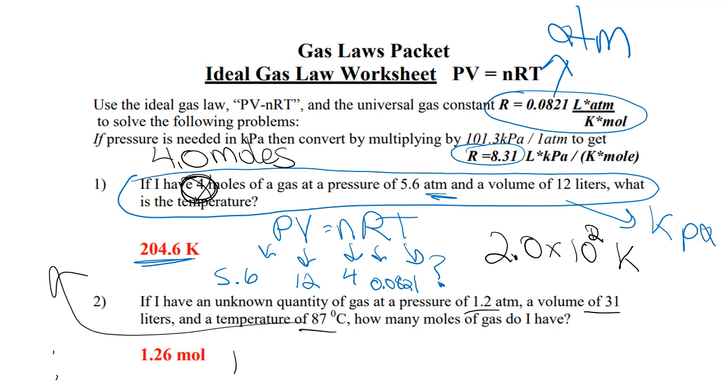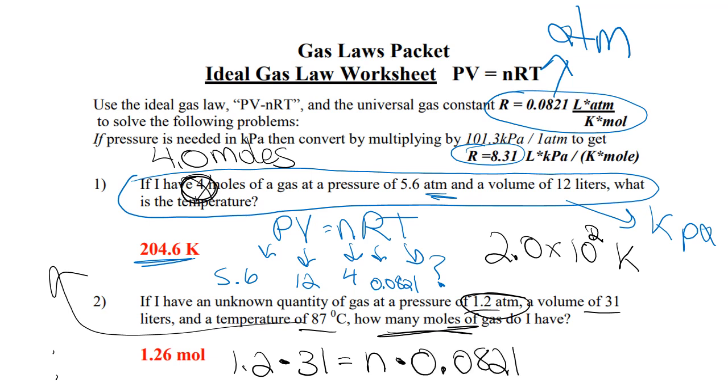And so I got PV, so 1.2, pressure, volume, 31, equals n. We don't know what moles are. R, since pressure is in ATM, R is 0.0821. And then T is 87 plus 273.